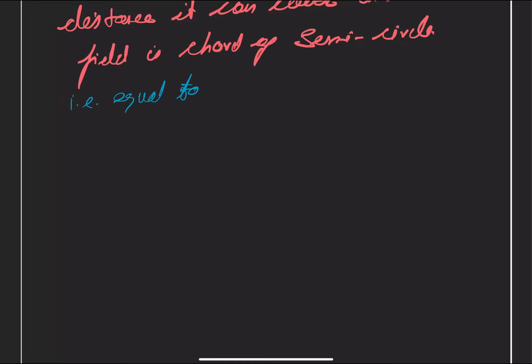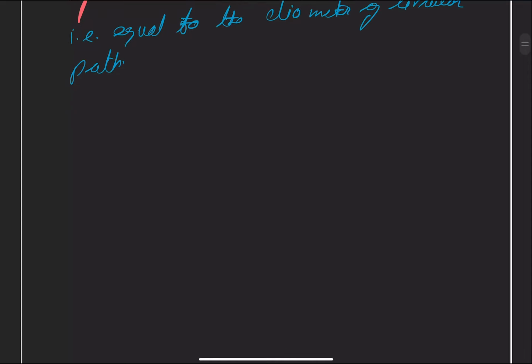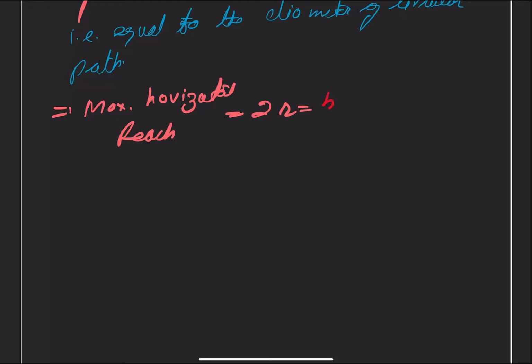Therefore, we can write that the maximum horizontal reach is equal to 2r, and that will equal b minus a.